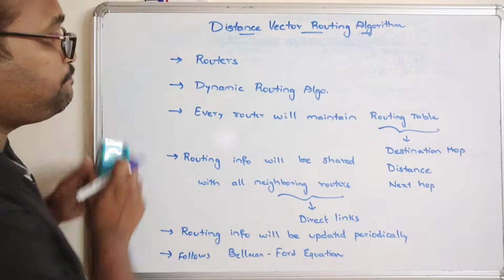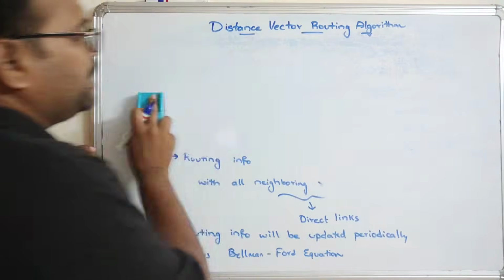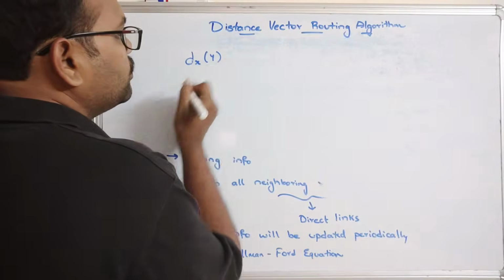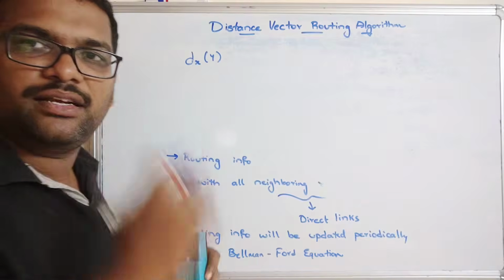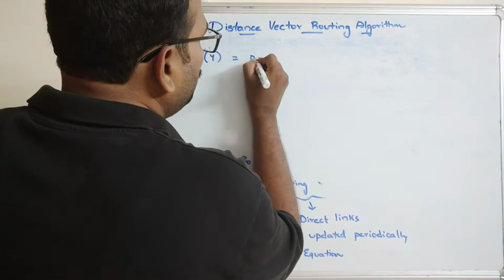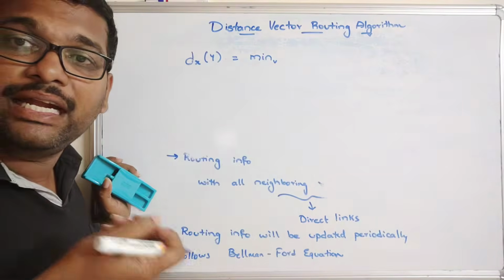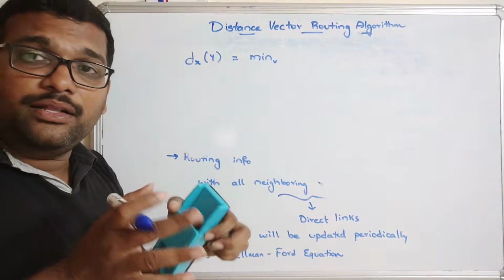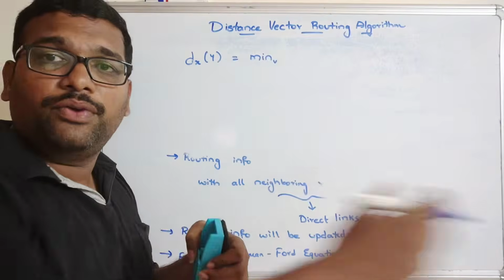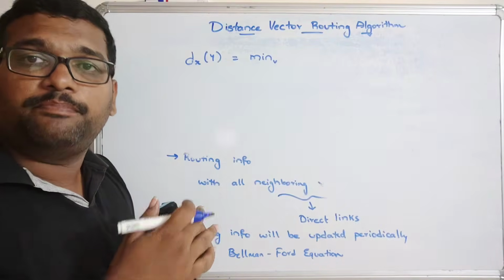Right? So, the Bellman-Ford equation is dx(y), where x is the source and y is the destination, and d is the distance, is equal to the minimum over v. Here v is nothing but an intermediate node. Obviously in a network one router may not be directly connected to another router, so there might be some path.